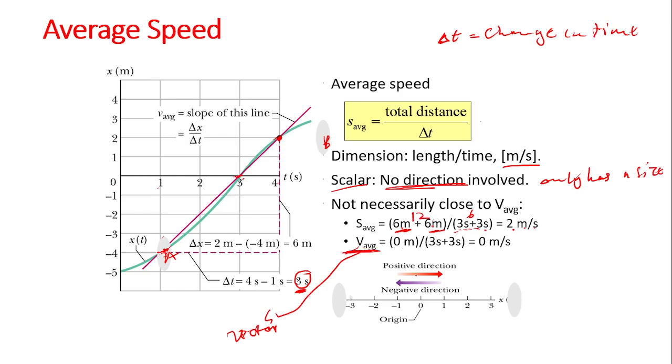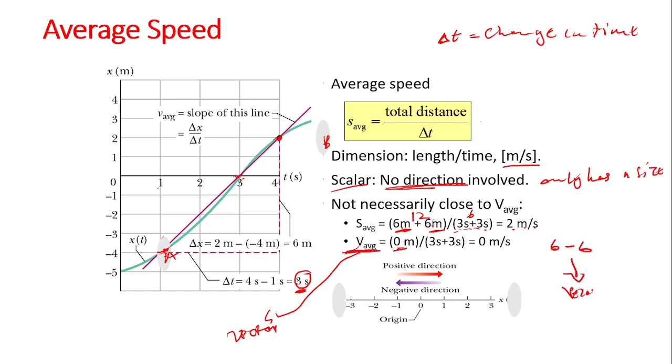If you observe very well, when it is going up, it is going in one direction, and when going down, this object is going back in the negative direction. So because this is a vector quantity, you are going to say 6 minus 6. That's why you have a 0 there. 6 minus 6, because this is the velocity, and velocity is a vector quantity.